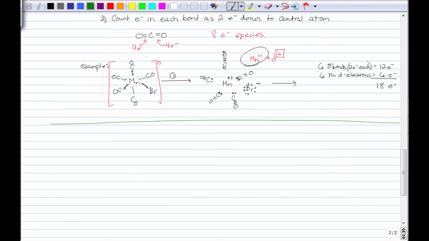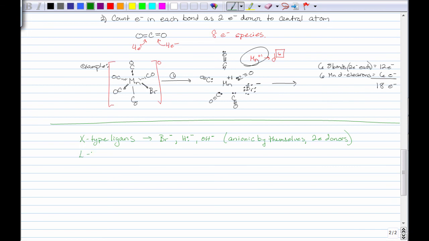You want to be able to identify the types of ligands. There are the X-type ligands, and these are things that have negative charges on them. So they're anionic by themselves, and they're typically 2-electron donors. So things like bromine, H-, OH-, these are anionic, and they're 2-electron donors.